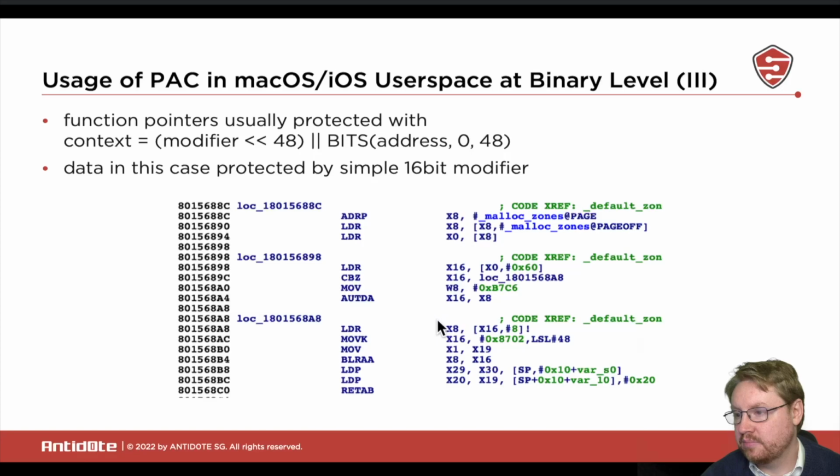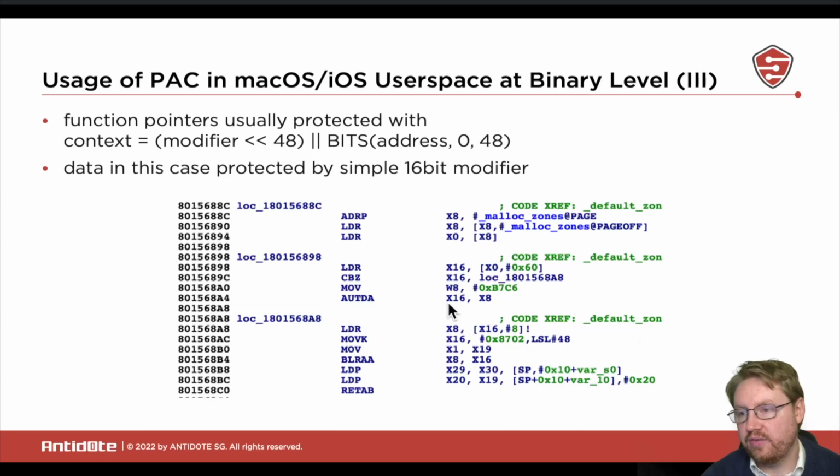And what we can see here is that it protects this function pointer table with PAC, and it authenticates this pointer with a context. And the context here is basically a fixed magic 16-bit value. So the data is basically protected with a fixed, well-known context. The security here comes basically from the fact that we don't know what the data A key is.